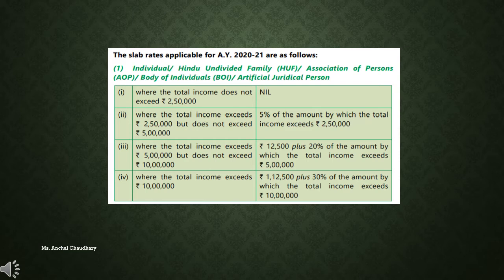Whenever income tax is levied on these persons, up to 2,50,000 you will not pay any amount of tax, right? And whenever your income exceeds 2,50,000 but is up to 5 lakh only, then you will levy the tax at 5%.